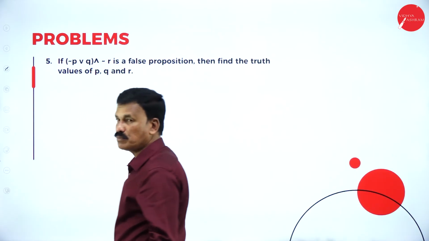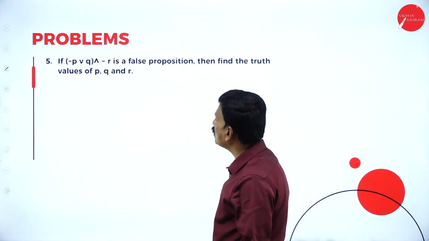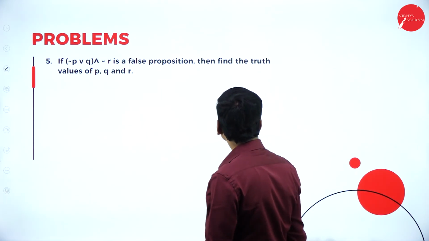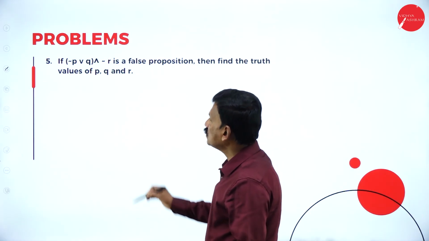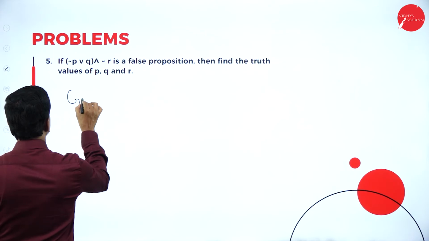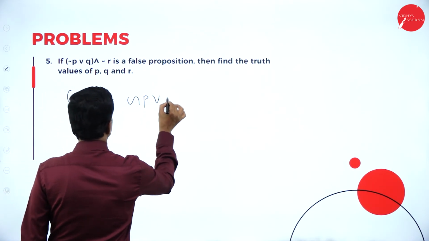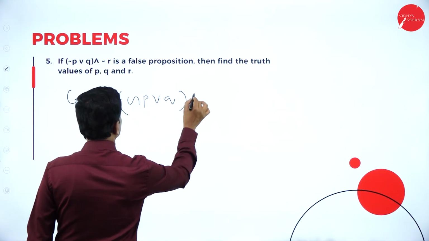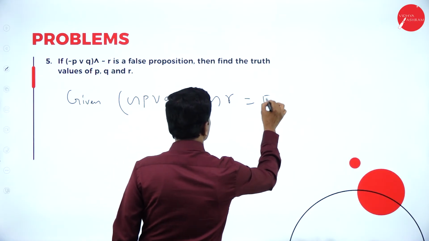This is a different problem. If negation P, disjunction Q, conjunction negation R is a false proposition, then find the truth values of P, Q and R. So this statement is false. That means what is given? Negation of P, disjunction Q, conjunction negation R is a false statement.